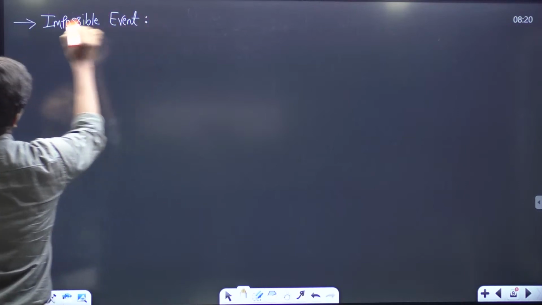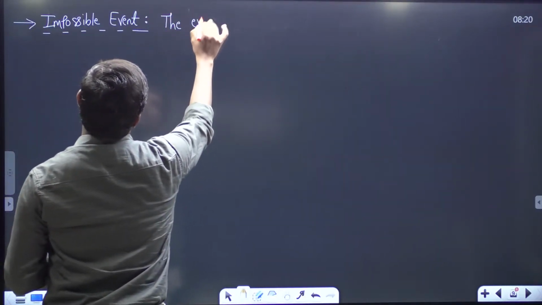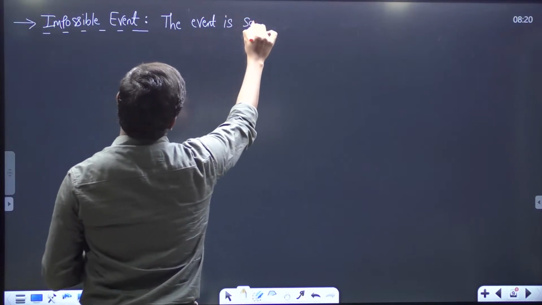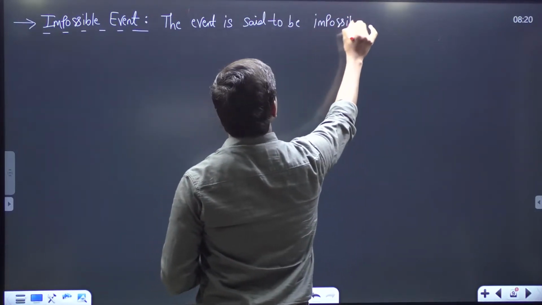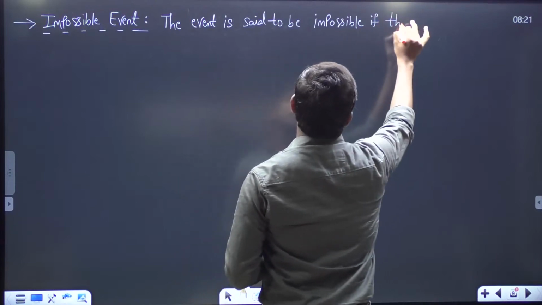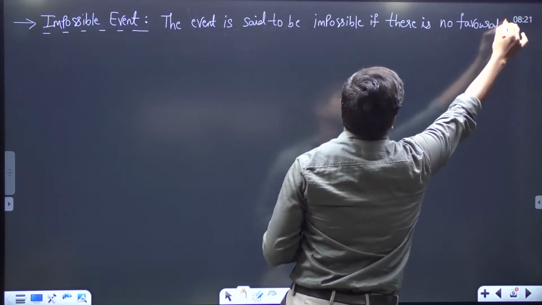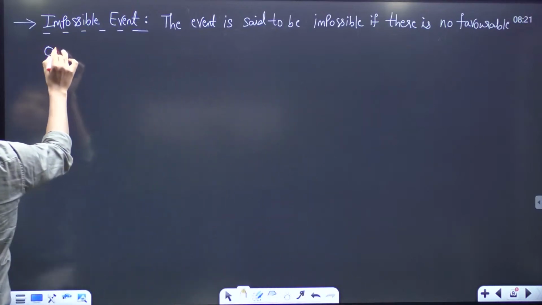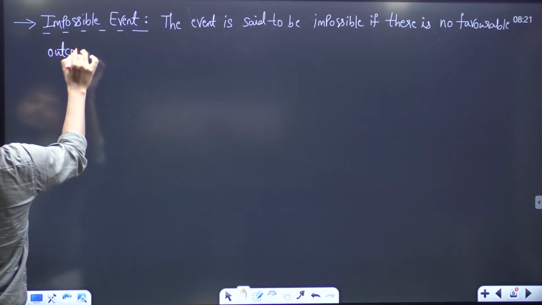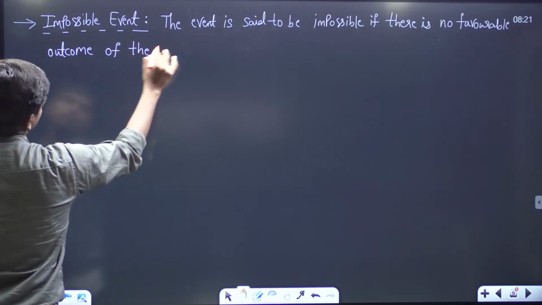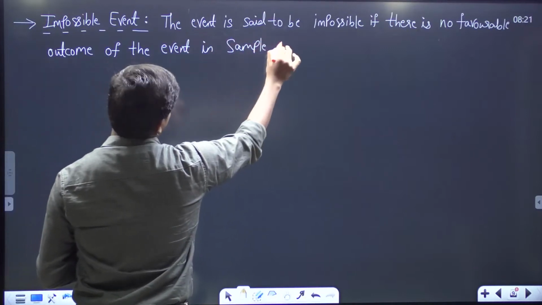An event is said to be impossible if there is no favorable outcome of the event in the sample space.